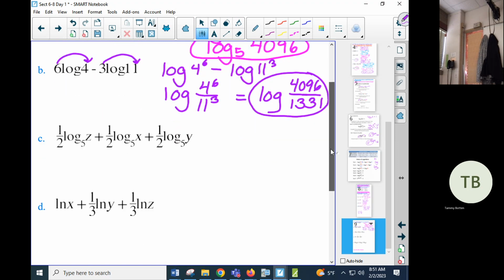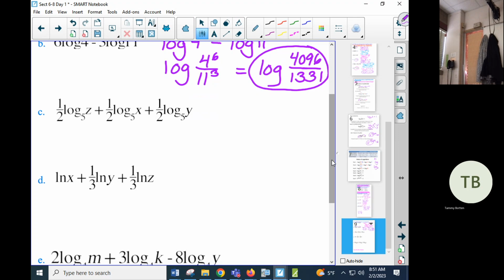Okay. Now notice these all have a half. What did we talk about would happen if you have all of those to a half? What is a half? It is a square root, right?